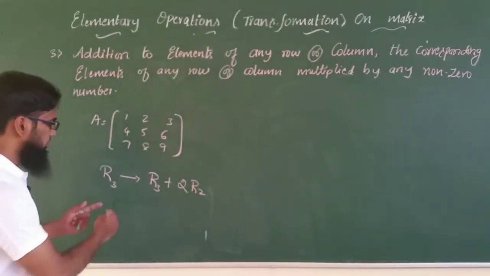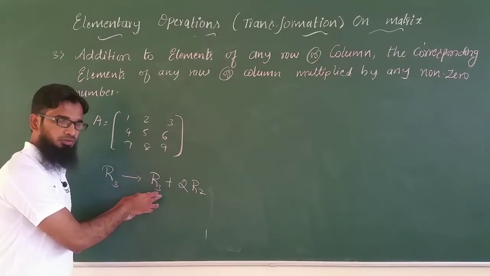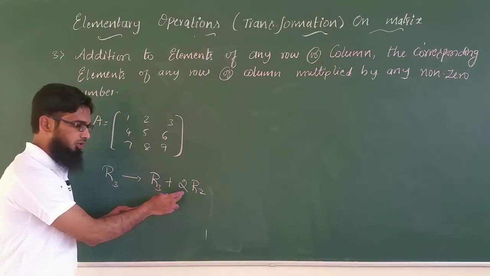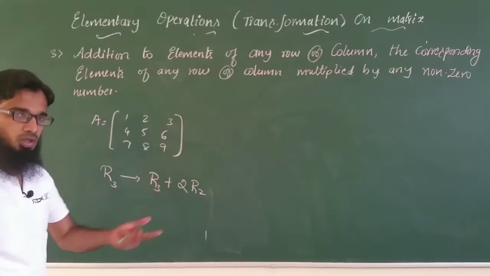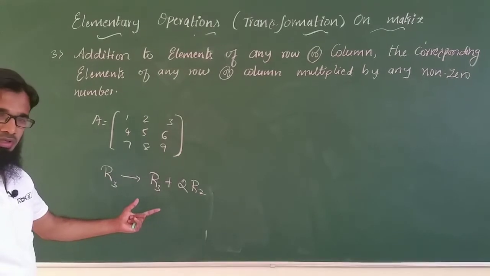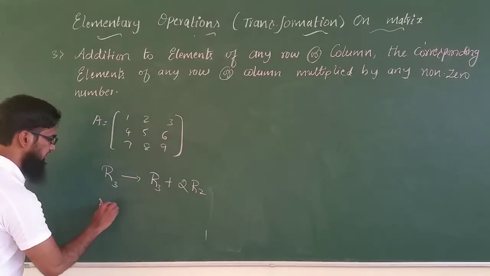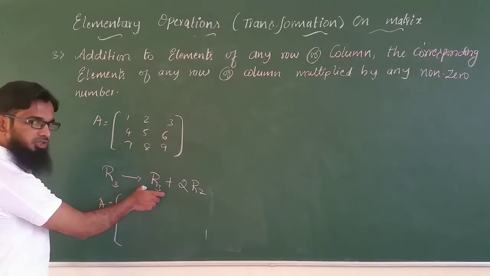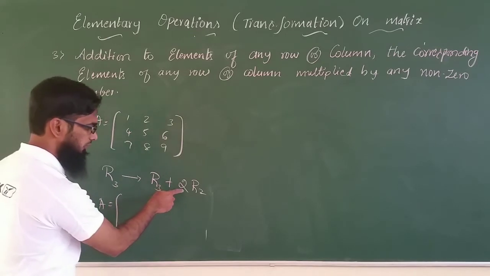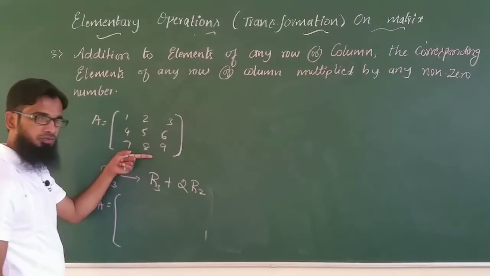If I want to change the R3 elements, I have to add to the same elements of R3 by multiplying a constant, that is a non-zero number, with any of the other rows. Because we are doing row operations here, we have to take rows. Now the matrix becomes A is equal to 7, 8, 9, which are the elements of R3, plus we multiply 2 with the R2 elements and add the corresponding elements.